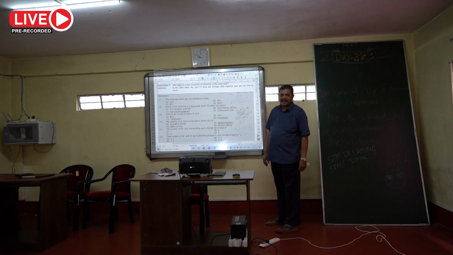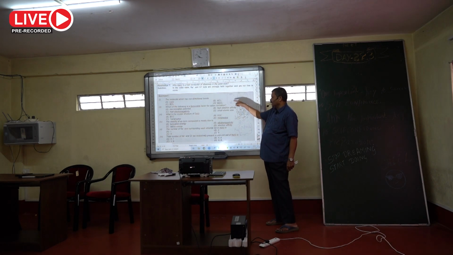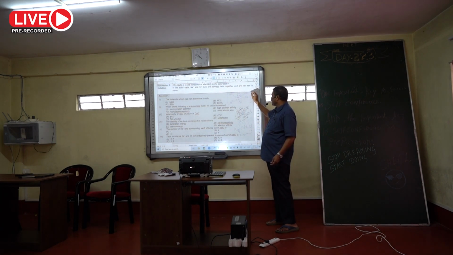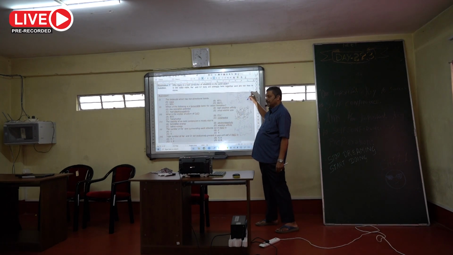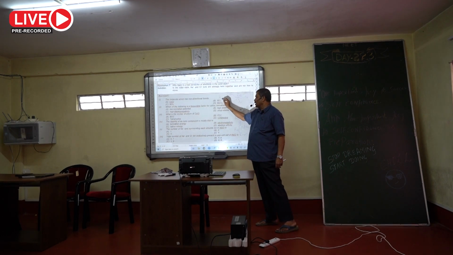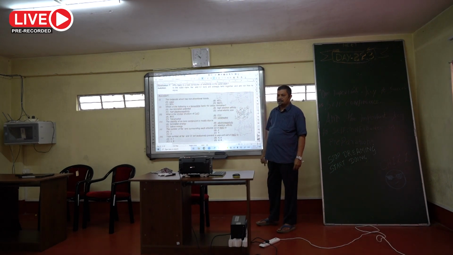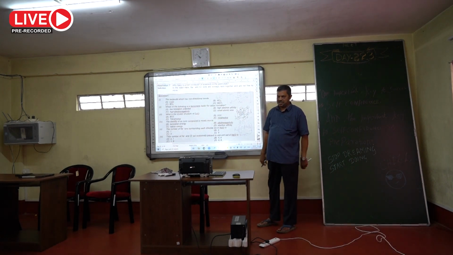Each side is carrying how much charge? -1. So 6 minus charges, 2 plus charges. Total, this complex will carry 4 units of negative. Thus, to satisfy 4 units of negative, 4 K plus ions come and neutralize the charge.